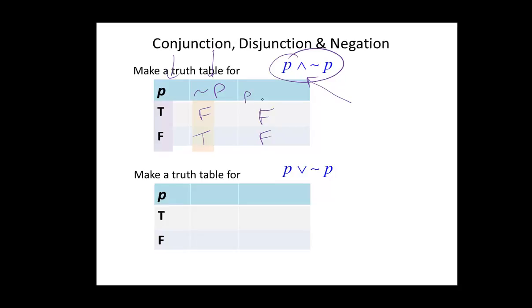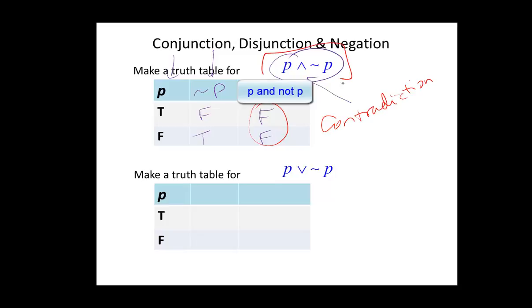So I should write it right here. That's P and not P. And lo and behold, in this case, we have a contradiction. That should make some sense. The idea that you have P and not P is kind of a crazy idea. That's like, I have one child and I don't have one child. That doesn't really make sense.